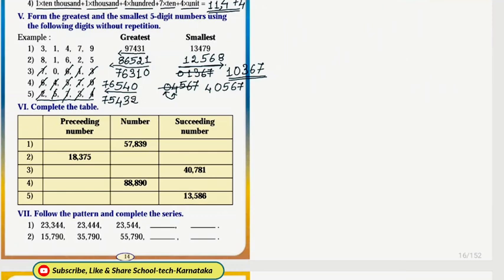So here we can easily write it in backward direction to find the smallest number. So it is 2, 3, 4, 5, 7. So this is how we find the greatest and the smallest number using the given digits.